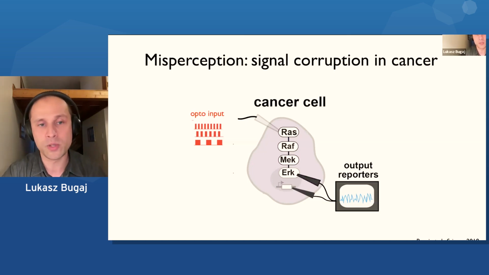Because we have these really precise optical inputs, with light that we can plug in anywhere in a pathway, and we have really precise outputs, for example, live cell biosensors or transcriptional responses, or just watching how cells differentiate, we can actually treat the cell like a black box, right? And so we can say, much like an electrical engineer would characterize a complex circuit by giving a precise impulse and seeing how that's transformed by the circuit as an output, we can do the same thing now to understand the function of cells through these signaling pathways.